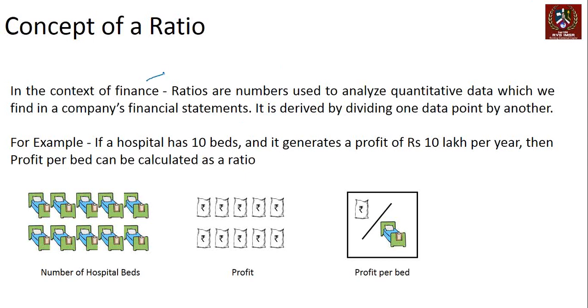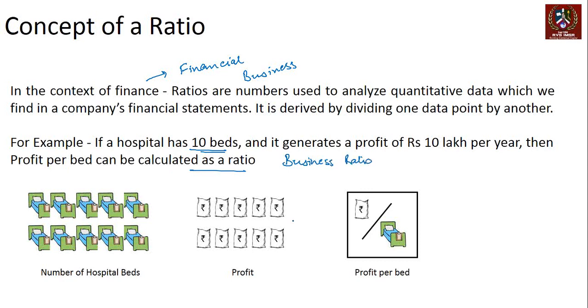Ratios could be calculated based on financial numbers or also based on business numbers. One example of a business number is given here, right? If a hospital has 10 beds and it generates a profit of rupees 10 lakhs per year, then profit per bed can be calculated as a ratio. This is an example of a business ratio.